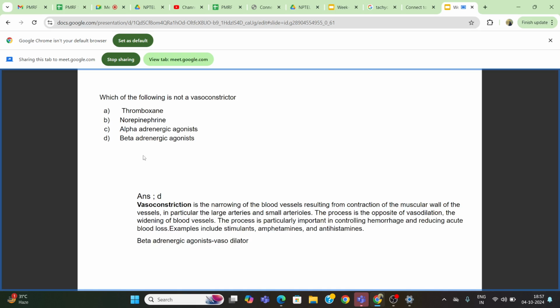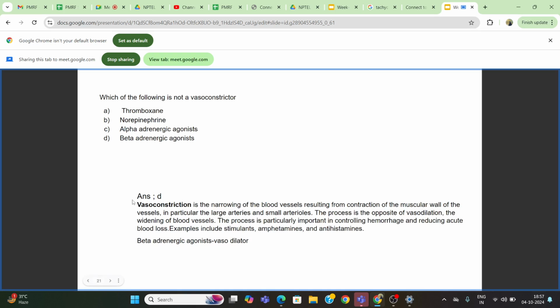And if you are giving beta adrenergic agonist along with antihistamine or amphetamine stimulants, then that can increase the blood vessel area or widen the blood vessel. Option B is a vasodilator, not a vasoconstrictor.